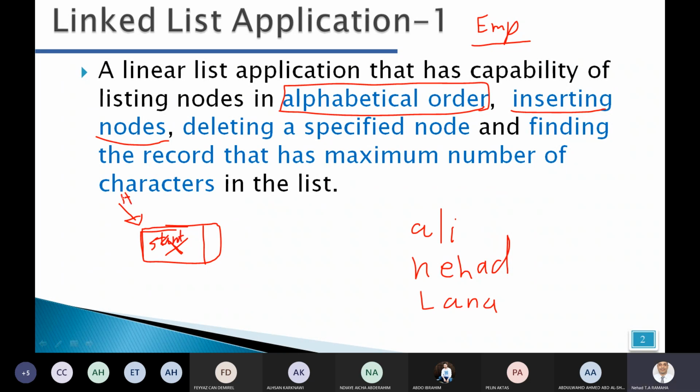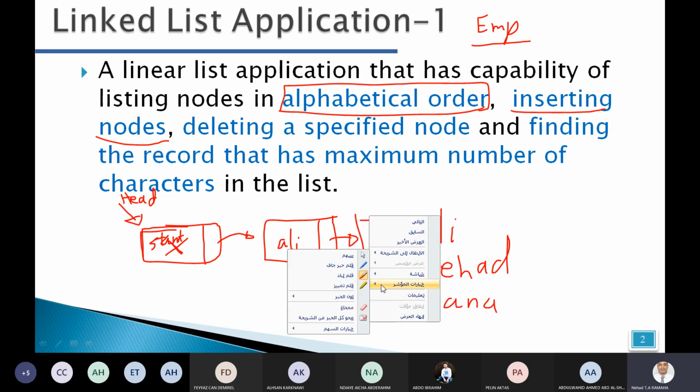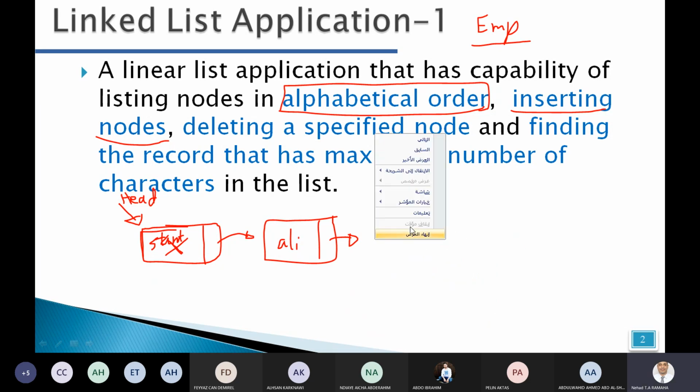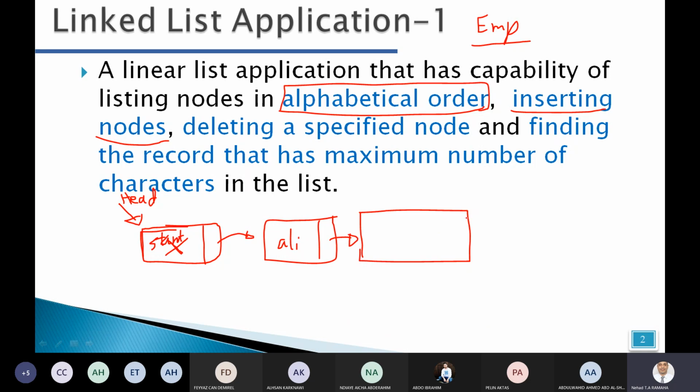Like this example, Ali will be the first one because it's alphabetical order, and then Lana and then Nihad. So every time we want to insert, we will insert in the correct order. Every time we need to search where to insert depending on the entered data.